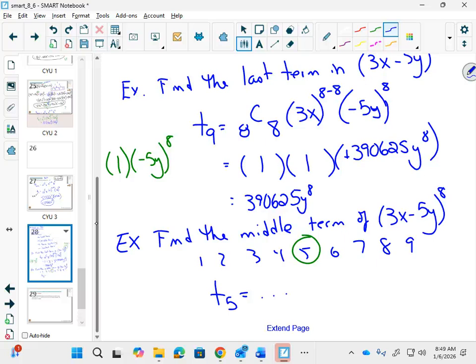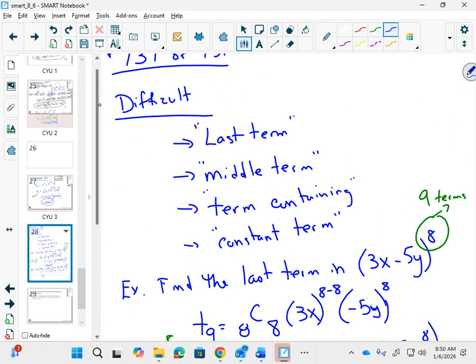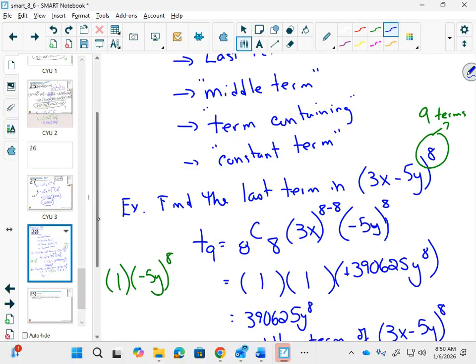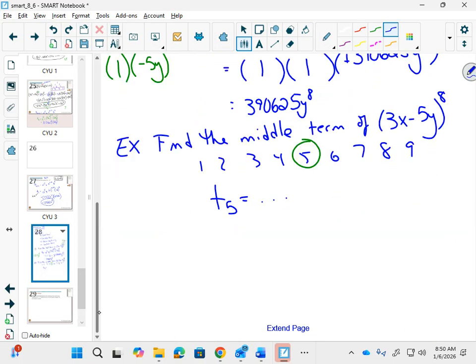All right, so now we're going to get to the difficult ones. The last term is the easiest. The middle term is just a tiny bit harder. The term containing x and the constant term, these are the most difficult. So they look like this.